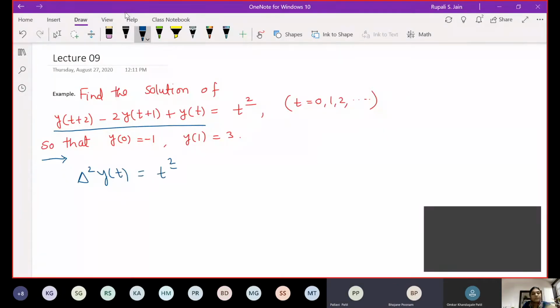So this example we have solved, and we got t to the 4 falling divided by 12. But here we have been given boundary conditions also, and the domain has also been specified, t equal to 0, 1, 2 and so on. So we will use our theorem and derive the solution for this. It is like a differential equation. When we want to solve a differential equation, what do we do?